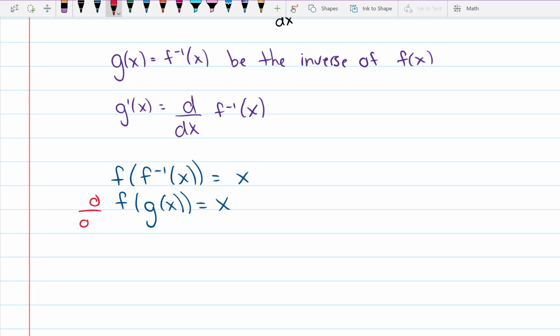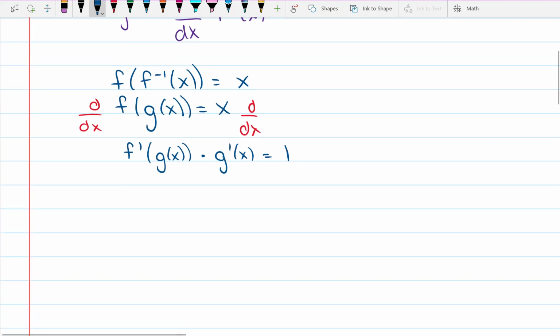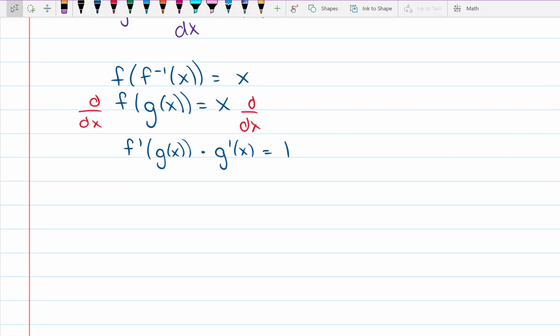So we take the derivative of both sides with respect to x, and we get f prime of g of x times g prime of x is equal to 1. This is because of the chain rule. We need to take the derivative of the outside function and then the derivative of the inside function.